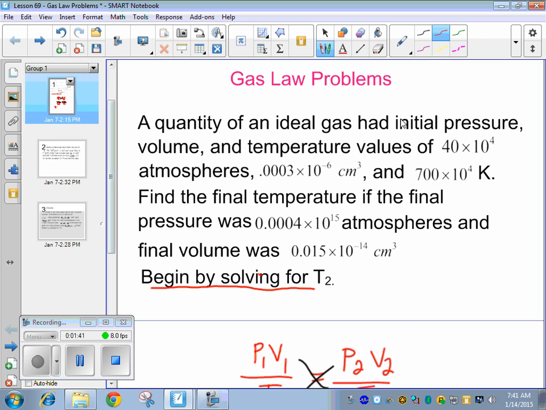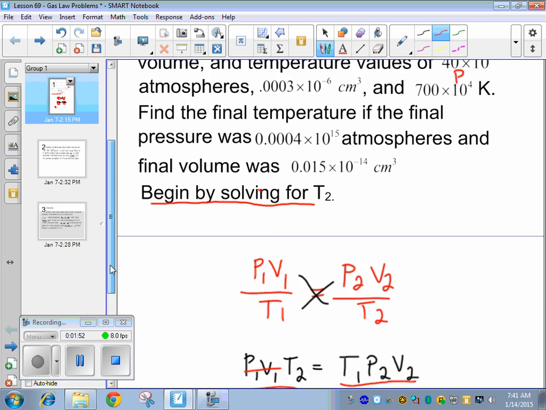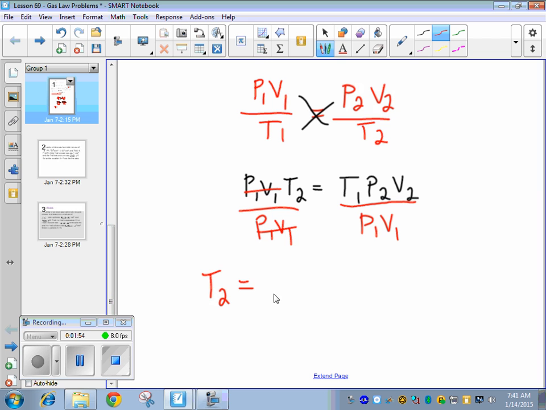First of all, it had initial pressure, volume, temperature, so it goes in that order. This first one is pressure, so 40 times 10 to the fourth is the initial pressure, and that's in the denominator.